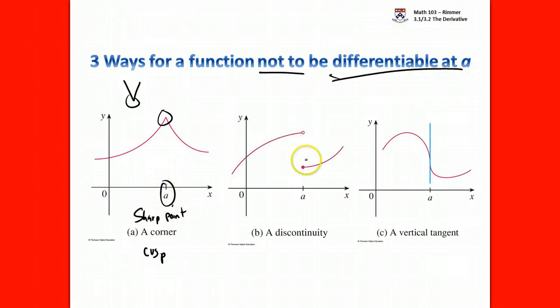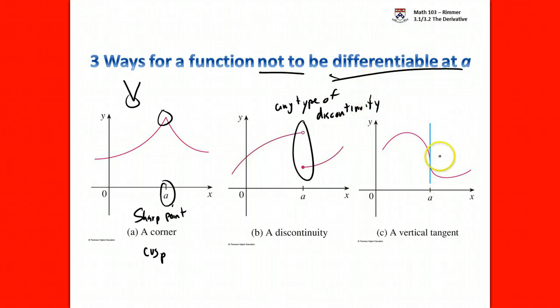If your function has a jump, basically any type of discontinuity, if your function is discontinuous in any kind of way, then it doesn't have a chance to be differentiable. So any type of discontinuity, not just a jump, will lead to a place where your function is not differentiable.